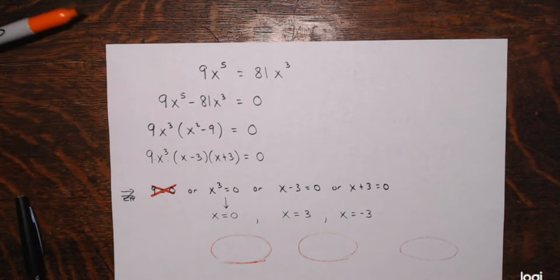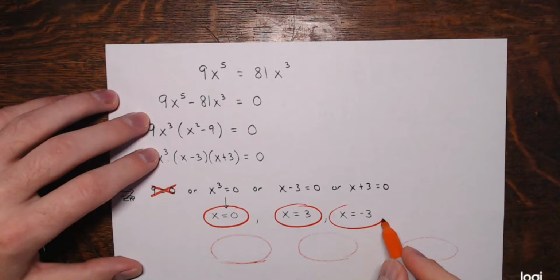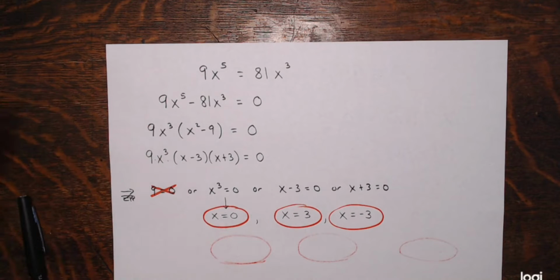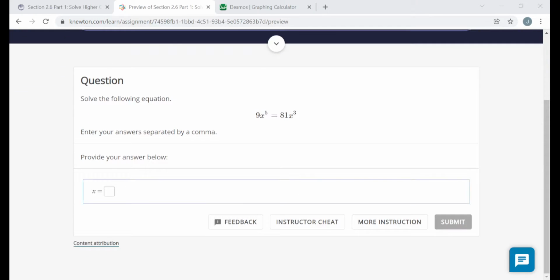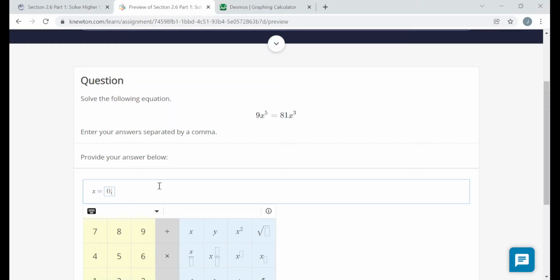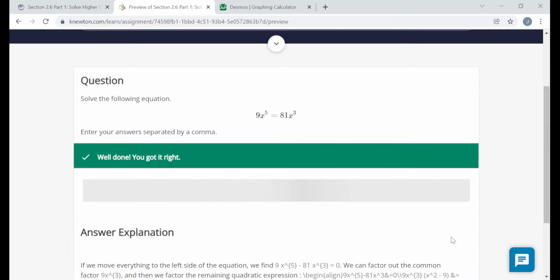And these should work. Right? These should work. And I leave it to you to check that 0, 3, and negative 3 work when you plug them in for x back in the original equation. Alright, so 0, comma, 3, comma, negative 3. Wonderful.